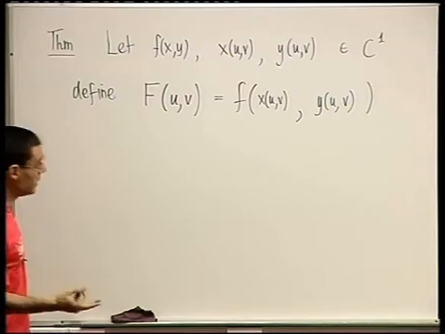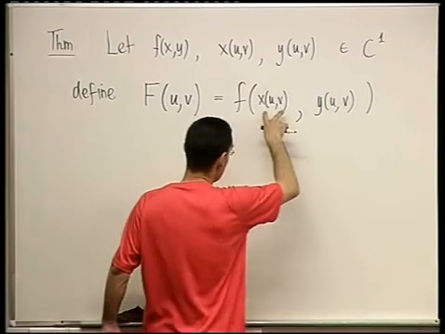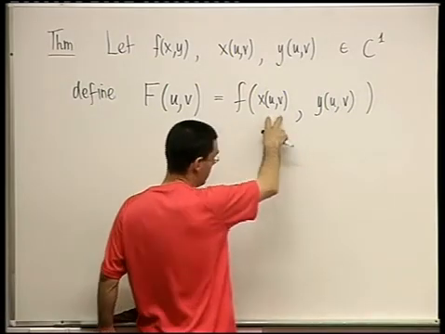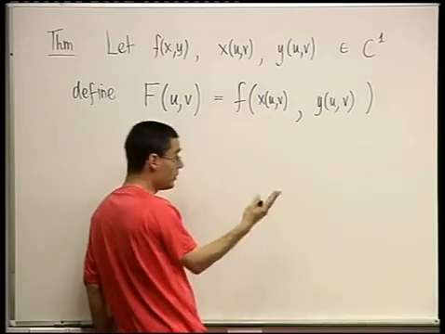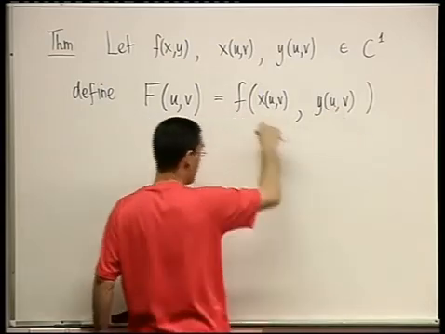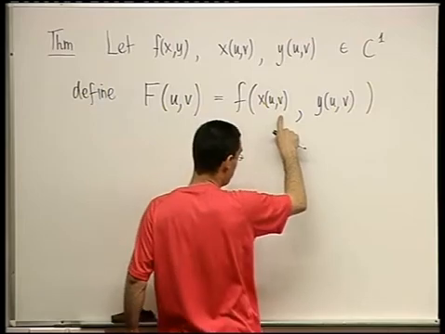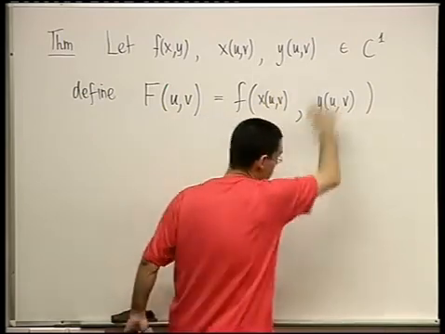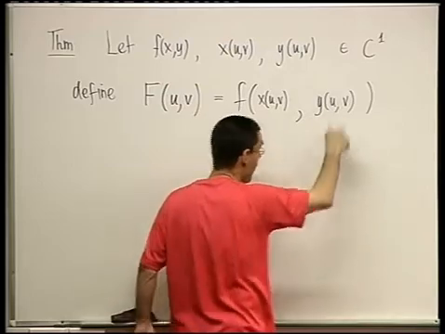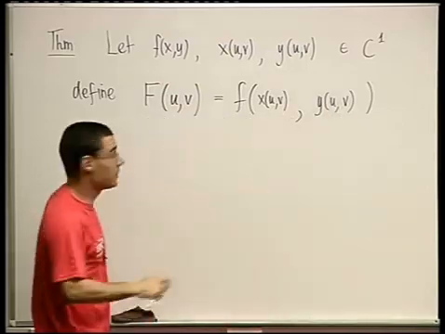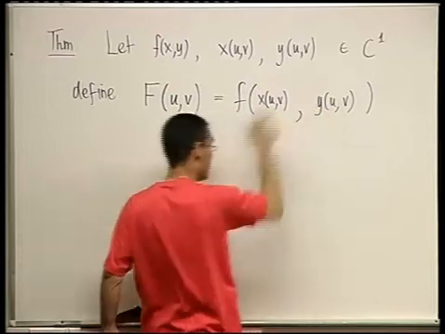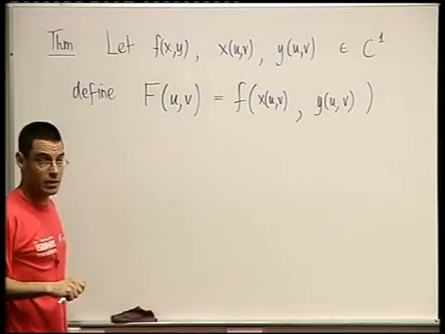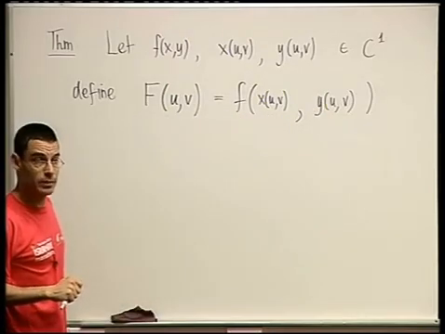If you want to state it precisely, you have to state that u, v are in some domain in R2 such that the range of x of u, v fits in the x-coordinate of the domain of f, and the range of y of u, v fits in the y-coordinate of the domain of f. Actually, both should simultaneously fit in the domain of little f. Good?